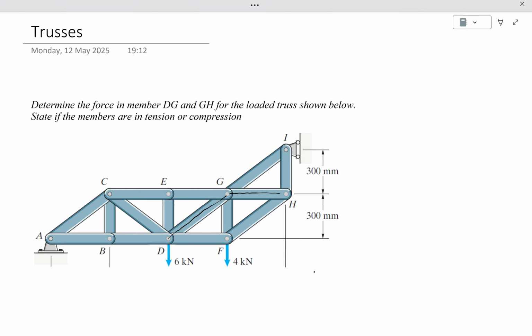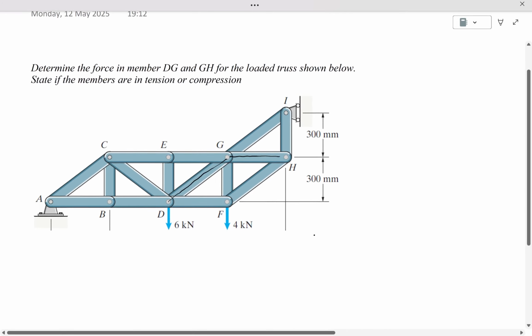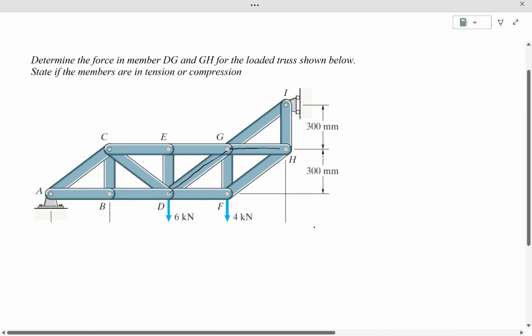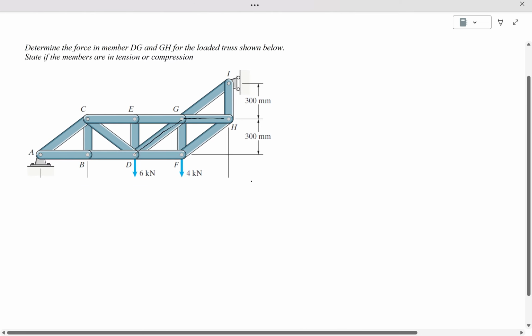So first, what you need to see is that this is a rigid truss. So you need to first draw the free body diagram. Let's draw the free body diagram.